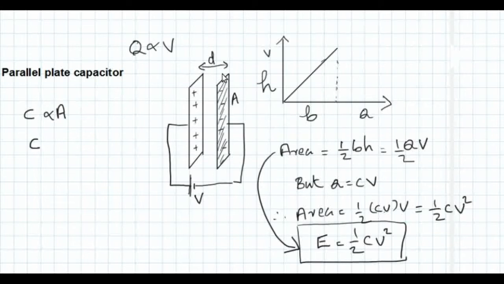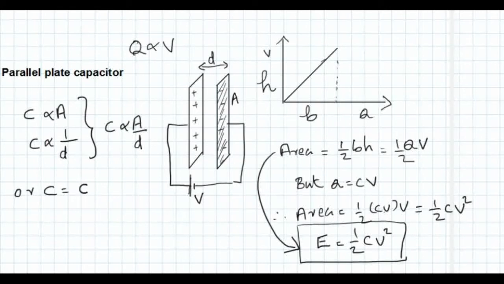So capacitance is directly proportional to the area of cross section of the plate. It is inversely proportional to the distance of separation. Therefore, combining both, C is proportional to A by D, or C is equal to a constant into A by D.